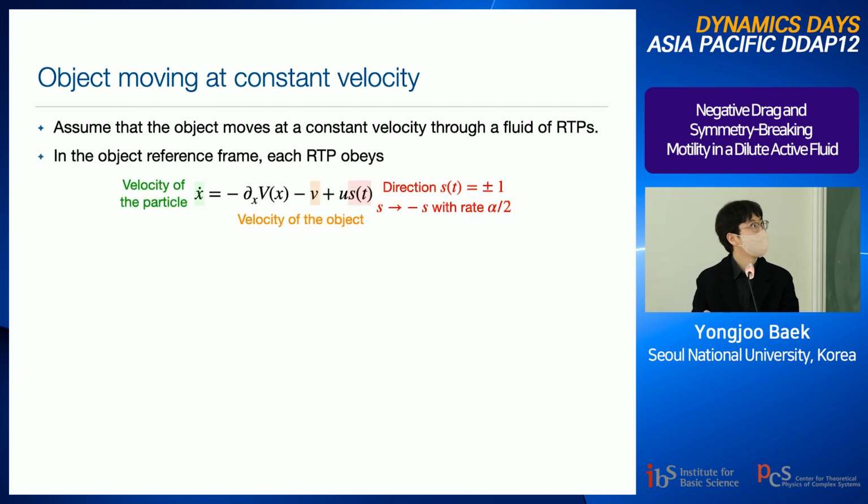Then we can assume that the active particles surrounding this object reach some kind of non-equilibrium steady state. To calculate what this active particle distribution would look like in the steady state, we move to the frame of reference of this moving object.